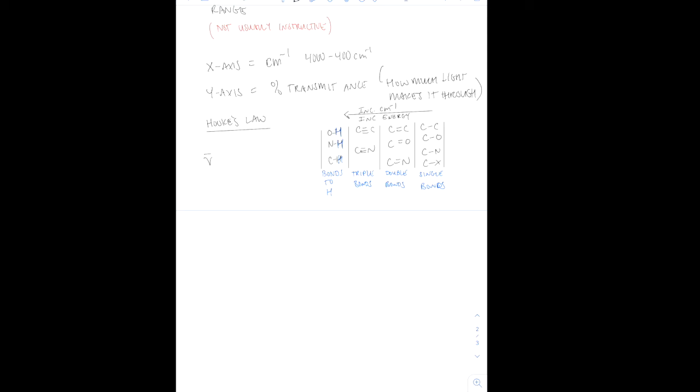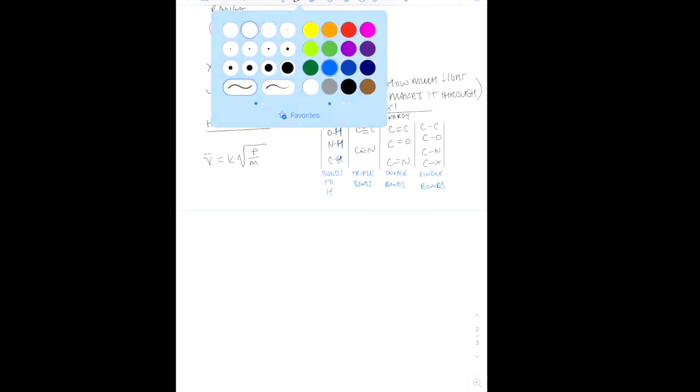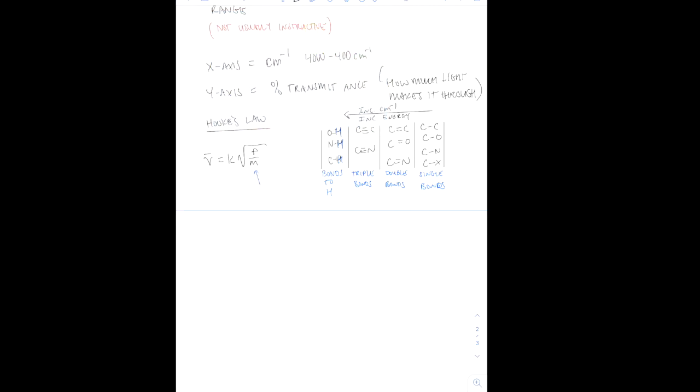And so what we get is k, a constant, times the square root of F over M, where F is the force constant and M is the mass. And so if we have something with a small mass, like hydrogen, then we get a higher frequency.